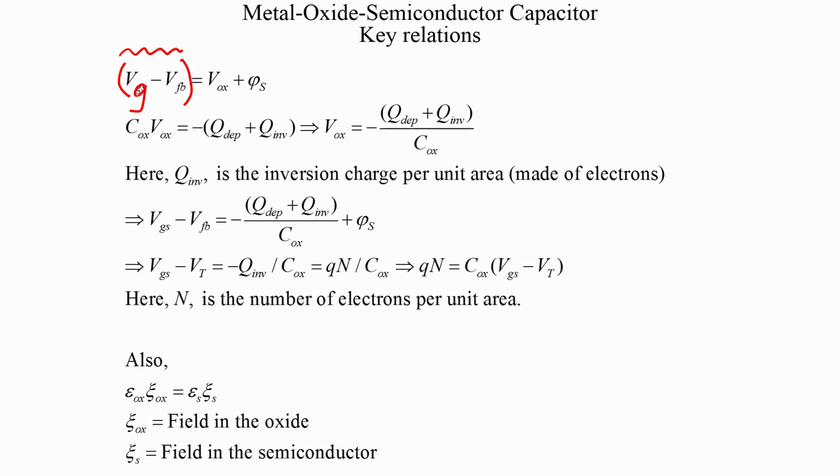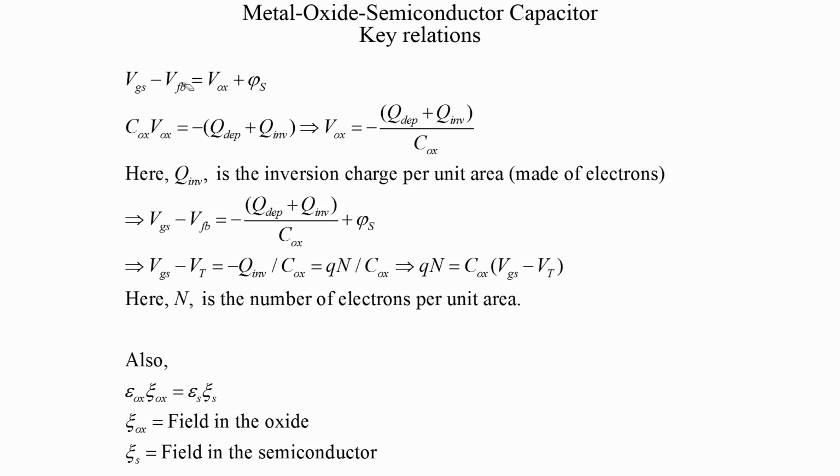When VG is equal to VFB, you have flat band, there are no voltage drops anywhere, but when VG is different from VFB, you start having electric fields in the oxide and in the semiconductor, and therefore, you have some voltage drop across the oxide and the semiconductor.